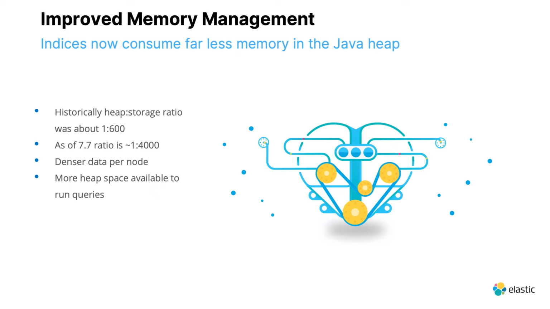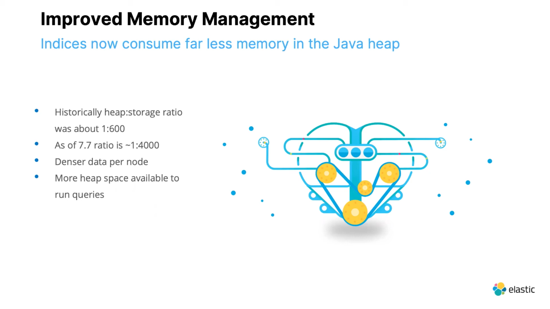Traditionally, that was a significant amount of memory, such that for every index that was open, you need a certain amount of storage in the heap. And this could limit how many indices you could manage in one Elasticsearch node.